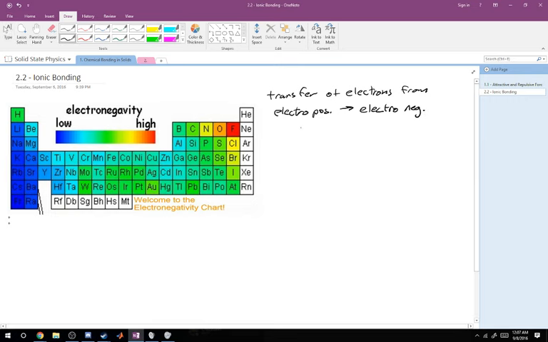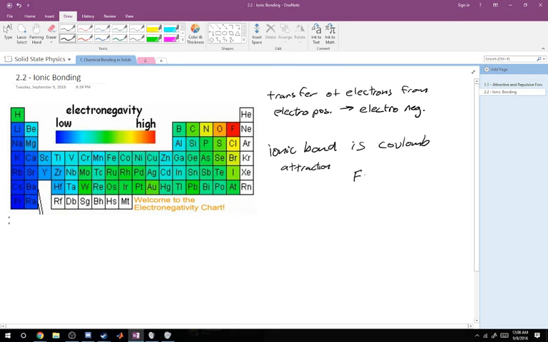So, what is the ionic bond? The ionic bond is actually the Coulomb attraction. And you may be familiar with Coulomb's equation, or the Coulomb force.